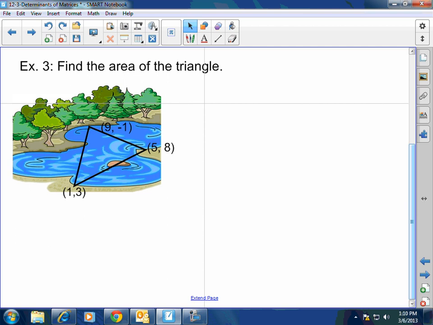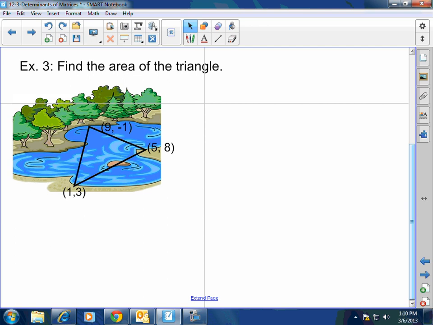When they have someone stranded, they don't know exactly where that is. So they have coordinates, and it's done by a computer, but this is what the computer's doing. It calculates the area, and then once it has the area, it can actually triangulate, and you can use trigonometry to find the angles and all sorts of other information.